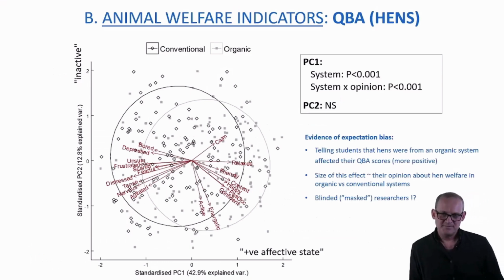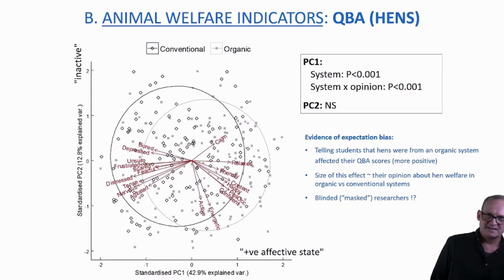Here you see the outcome of the statistical analysis, which was a principal component analysis. What you see in the red lines are each of these 20 terms that the students scored when they had observed both video clips. In the dark circle, you find the scores for the conventional farm, and in the gray, you see that it shifted its position when they were given the false information that that video clip was made from an organic farm.